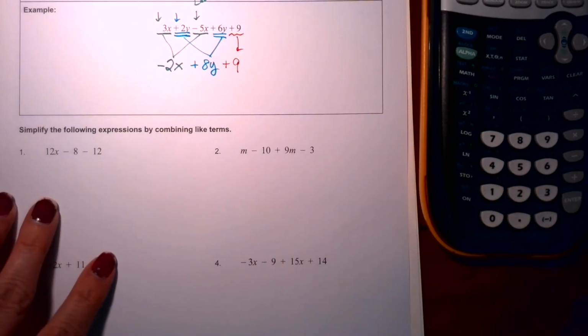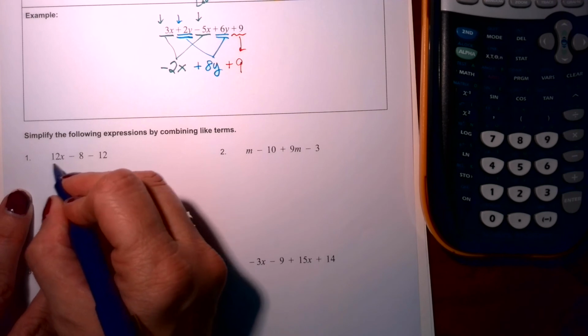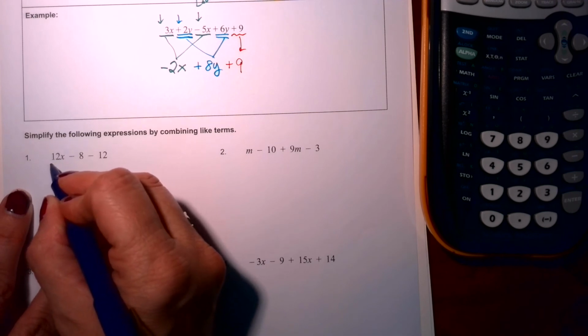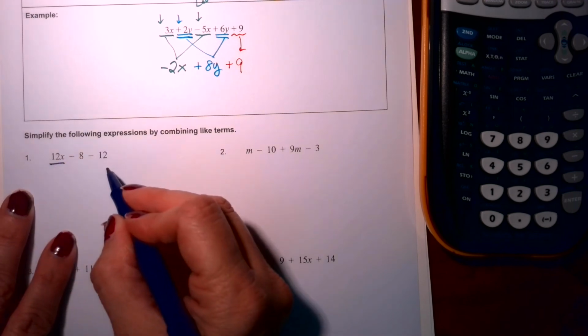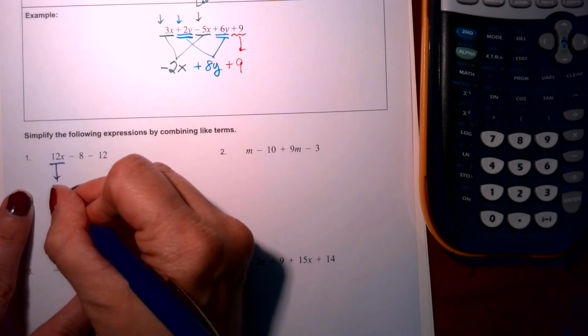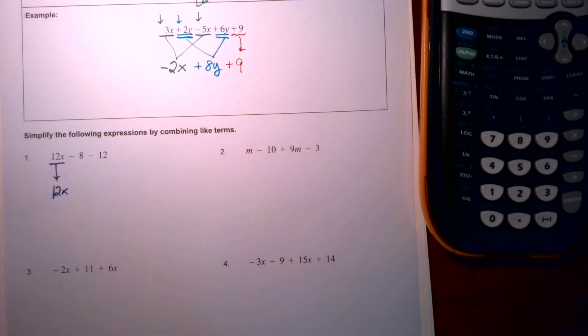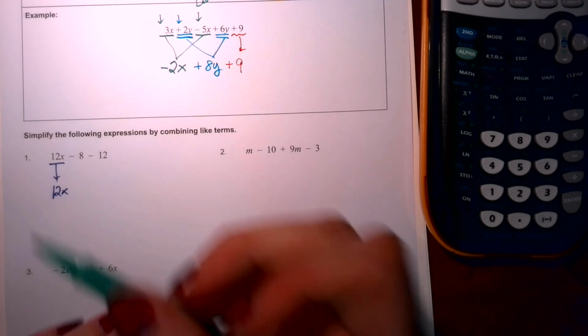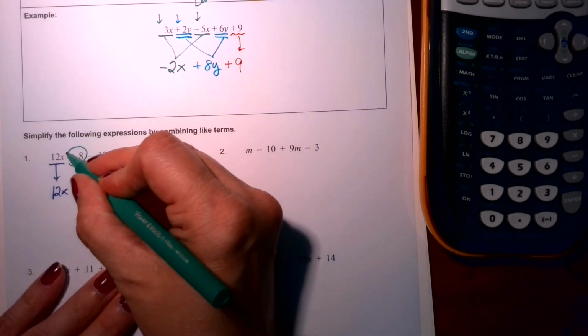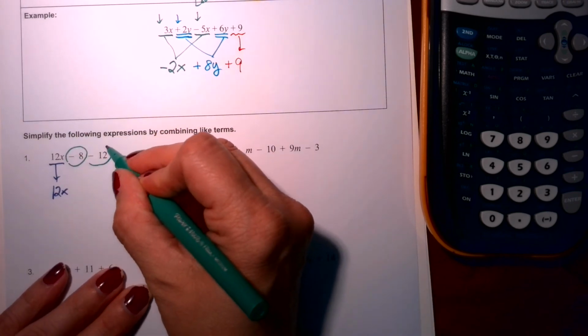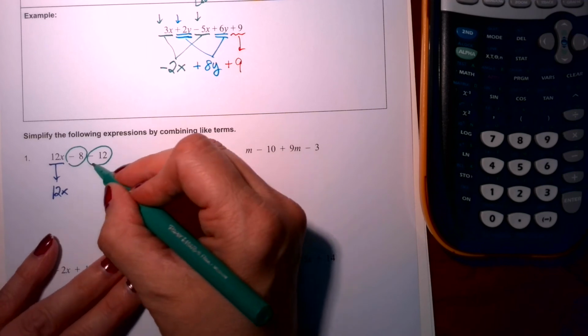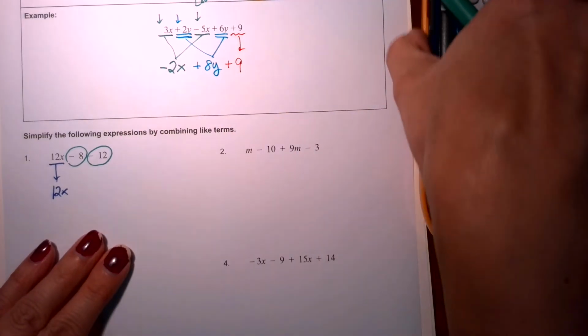Number 1 right here. I see 12x. Well, 12x isn't like anybody else, so I'm just going to drop it down. Drop it like it's hot. And then we're going to see this is a negative 8, and this is a negative 12. Those are minus signs, but they're also negative signs.